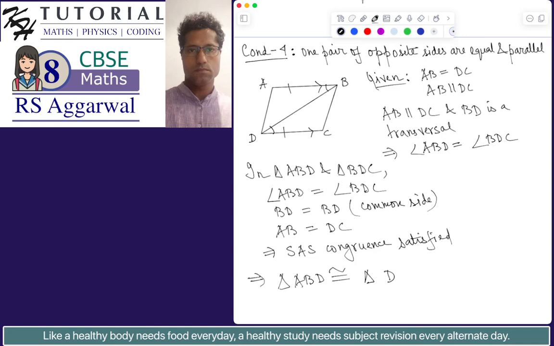Now, what will be the congruence relation based on the SAS? Whenever we establish that a congruence criterion is satisfied, that is, if it is SSS or SAS or ASA or RHS, from that we should be clearly able to name the congruence relationship, and from the congruence relationship it will be obvious which are the corresponding vertices.